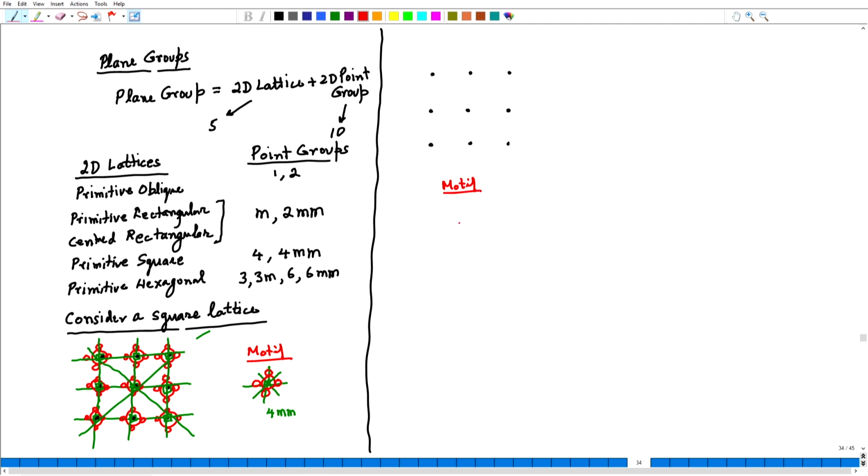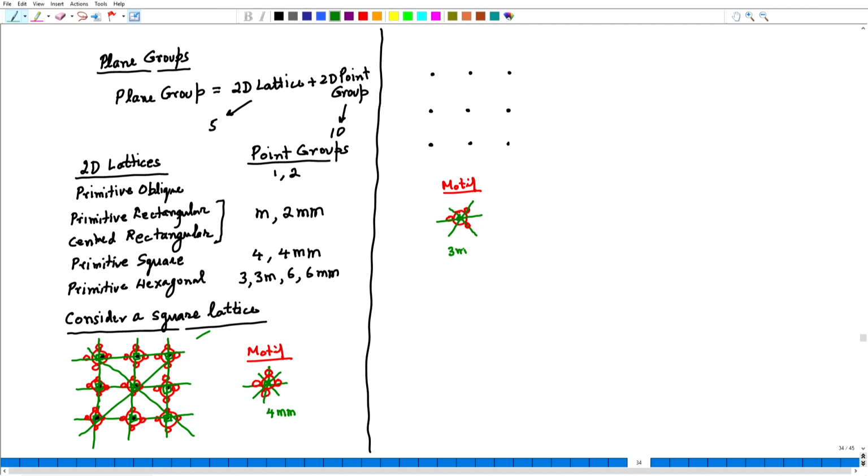The motif that I am taking, so there is still a larger atom, and instead of 4 now I have 3 small atoms. If I look at the point group of this motif, clearly it has a threefold symmetry at the center of the larger atom, and it has these 3 mirror planes as well, and therefore, the motif is 3m.